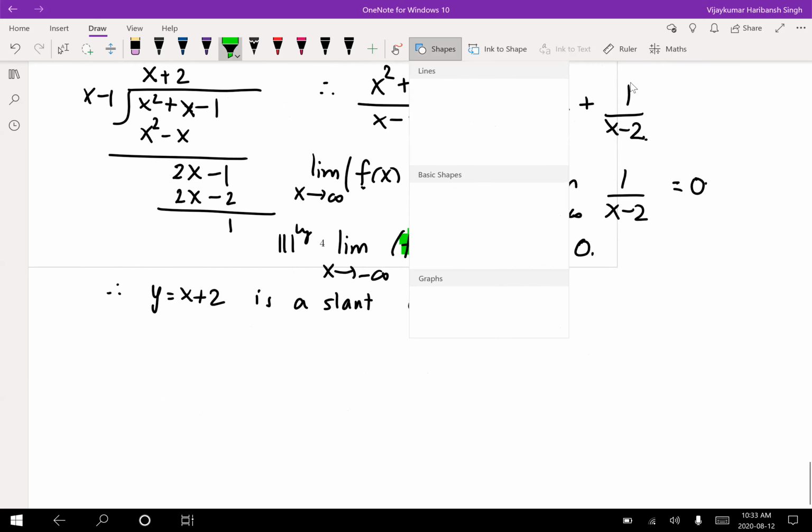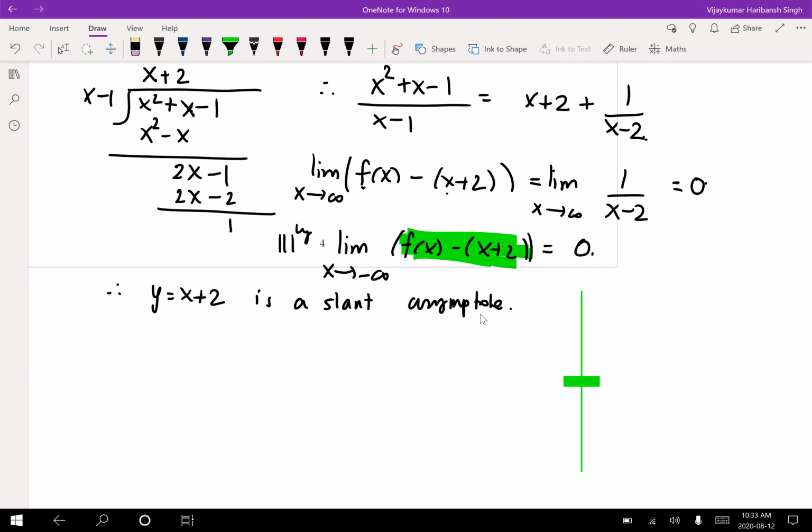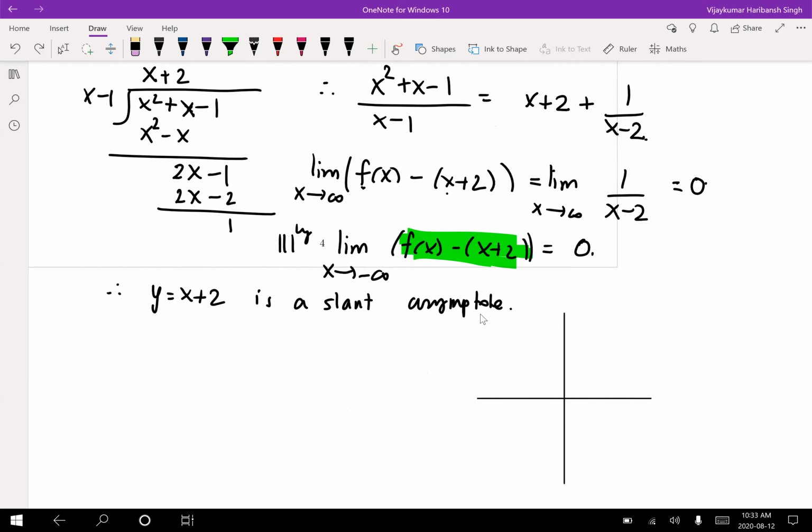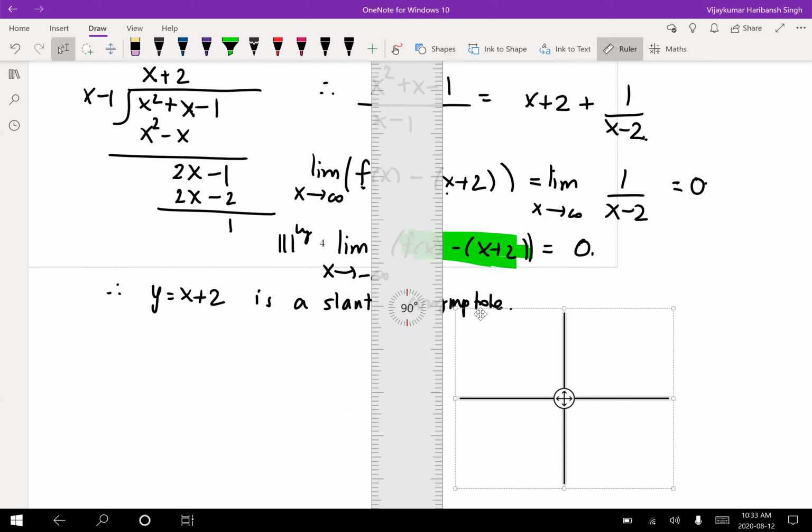So if you look at the graph, we'll have the line y equals x plus 2.